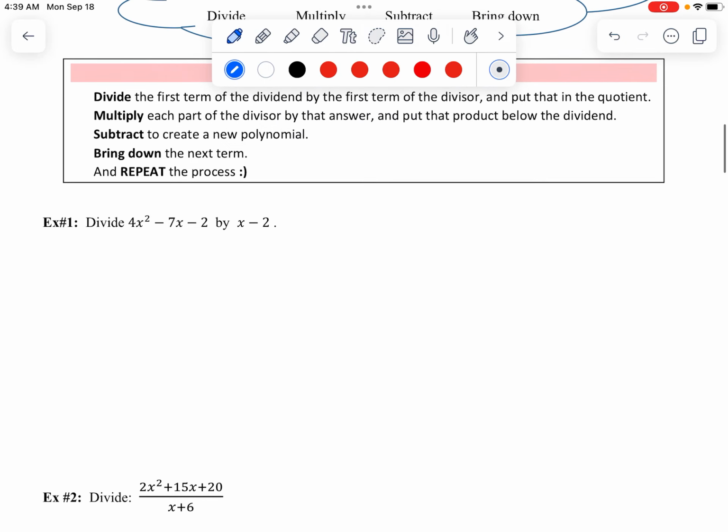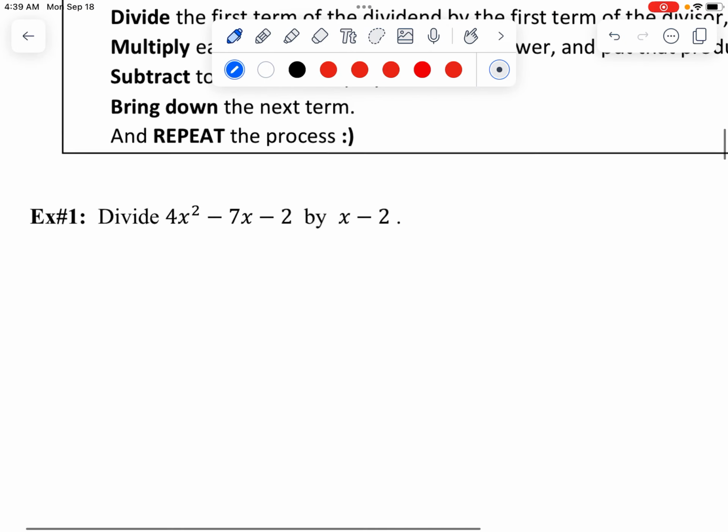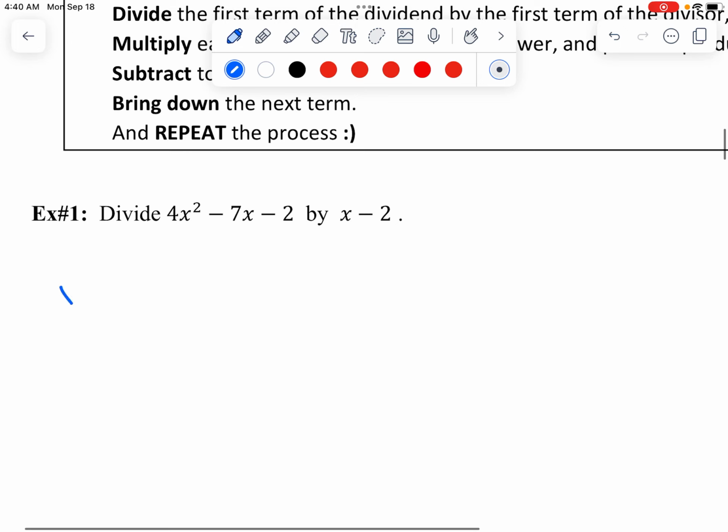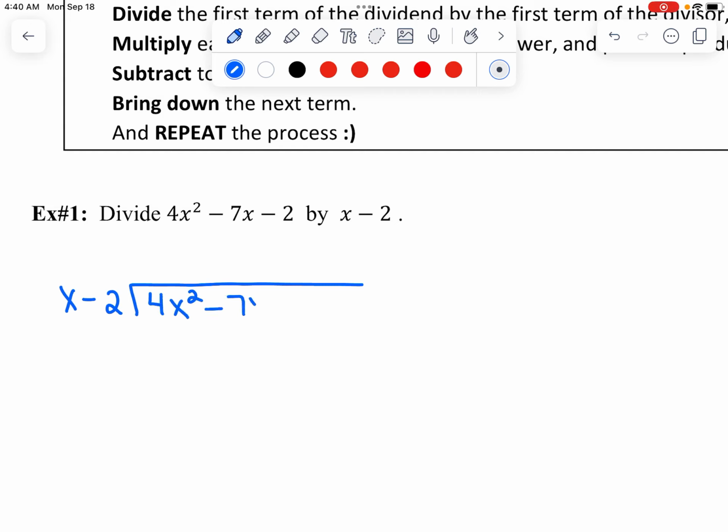So let's start with number 1. We're dividing the trinomial 4x squared minus 7x minus 2 by the binomial x minus 2. So x minus 2 is my divisor. That's going to go outside of the division sign. And then 4x squared minus 7x minus 2 is my trinomial. That's going to go inside of the division.